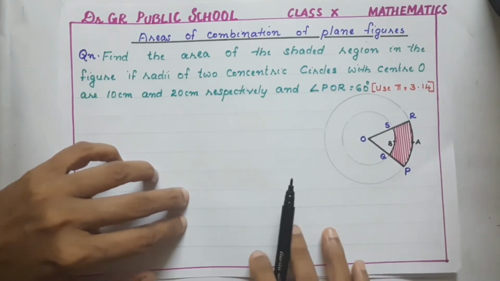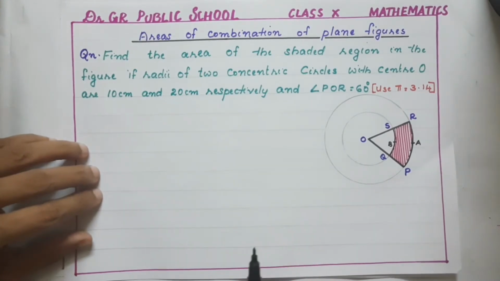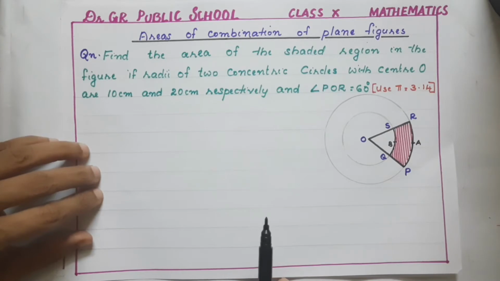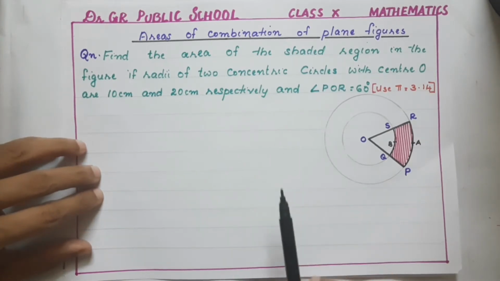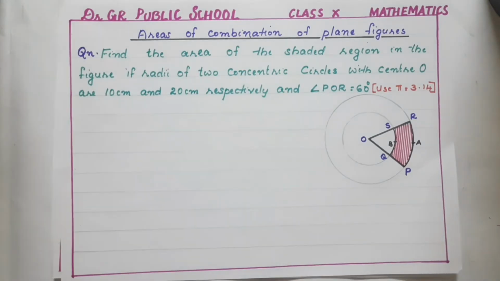Now to find the area of a sector, what do we need? What is the formula? Area of sector is theta by 360 into pi r square. Isn't it? So we need the radius and angle theta.